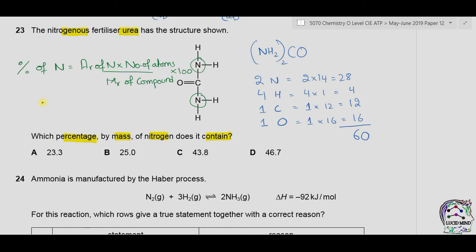By putting in values, we have 14 as the atomic mass of 1 nitrogen and there are 2 nitrogen atoms, so it will be 28 divided by the molecular mass of the compound, which is 60, times 100. So it comes equal to 46.67%. Rounding it to 3 significant figures, the answer is D.